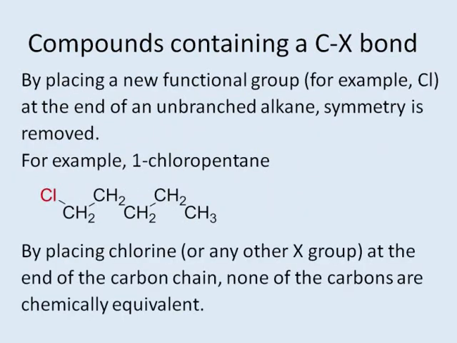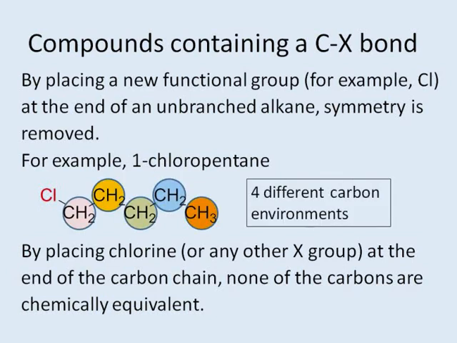In this first example, we can see by placing a new functional group, for example chlorine, at the end of an unbranched alkane, symmetry is removed. For example, in 1-chloropentane, by placing chlorine at the end of the carbon chain, none of the carbon atoms are now chemically equivalent.